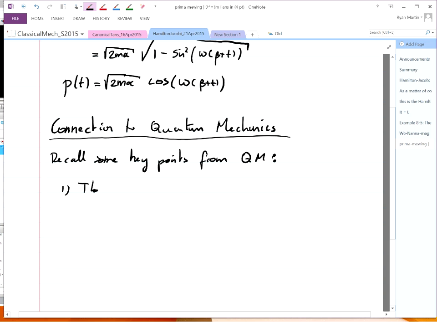In quantum mechanics, the state of a system is completely described by a wave function.